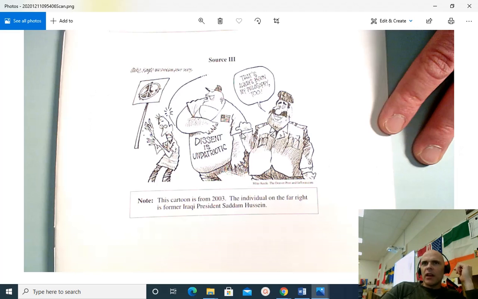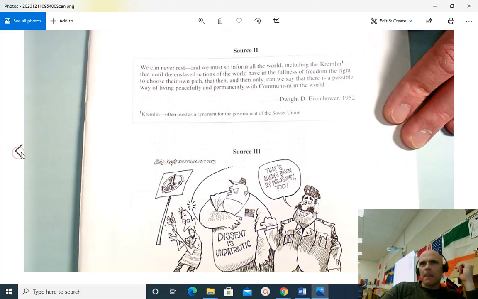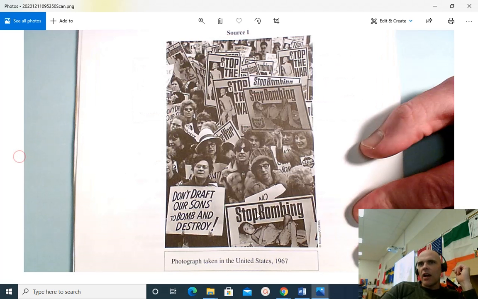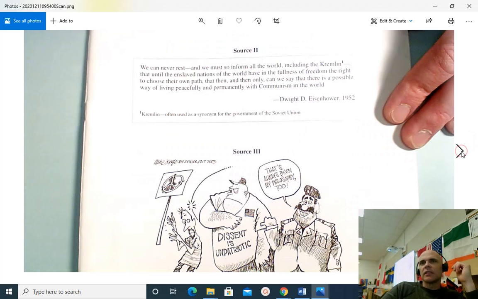So interestingly enough, here you have the idea that the United States is not allowing dissent. You cannot question the practice of warfare. Here you have a president that is saying that every country of the world should have self-determination. And here you have a U.S. government that is maybe not allowing self-determination for the North Vietnamese.